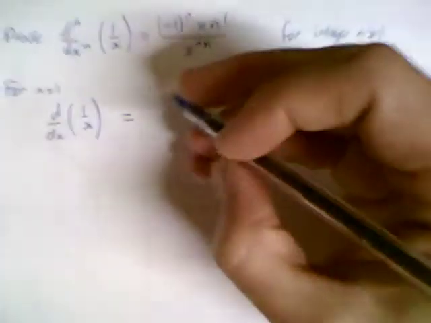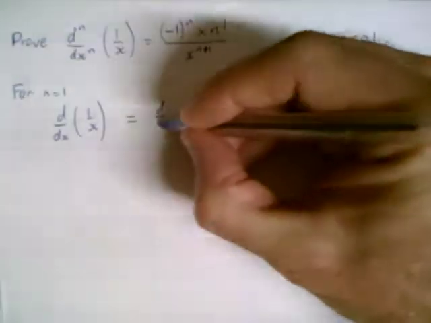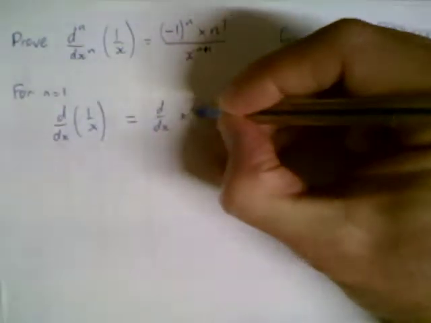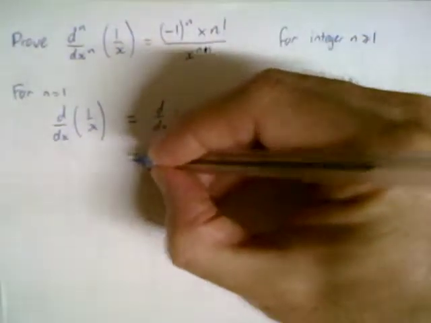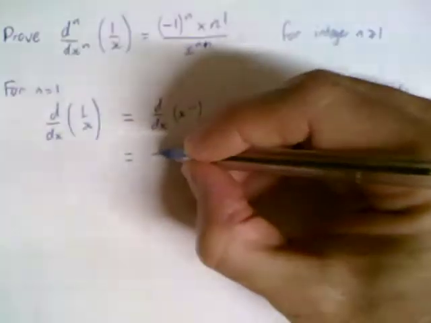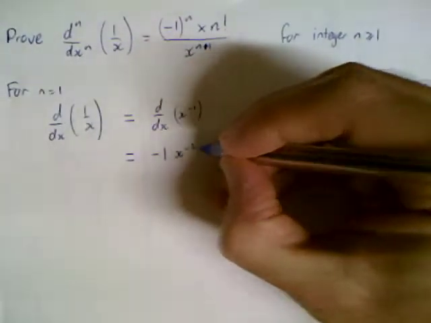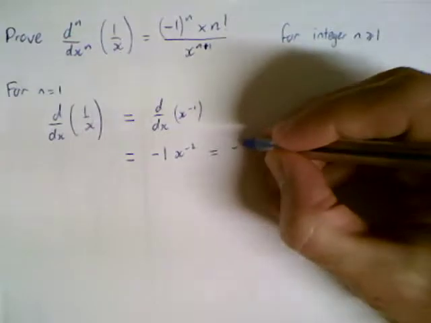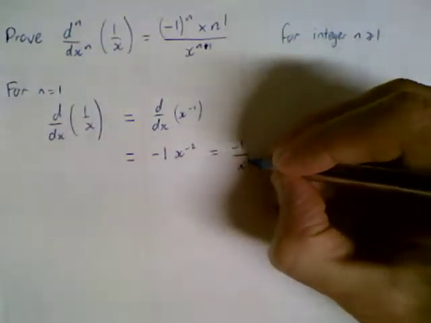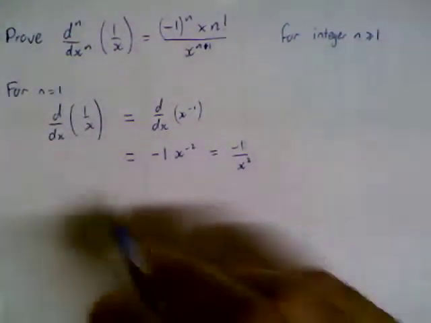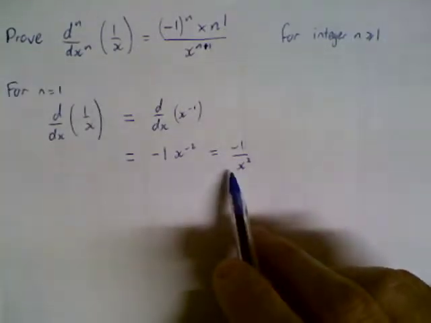So doing that, we could say that's equal to d/dx of x to the negative 1, and then differentiating we get negative 1 times x to the negative 2, which is equal to negative 1 over x squared.